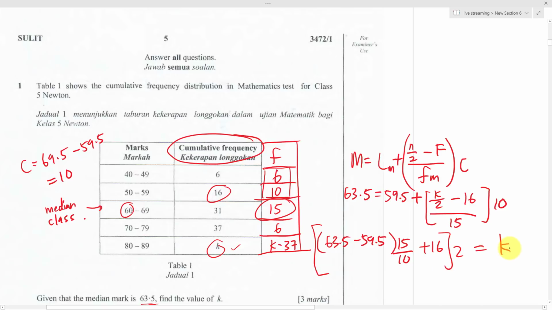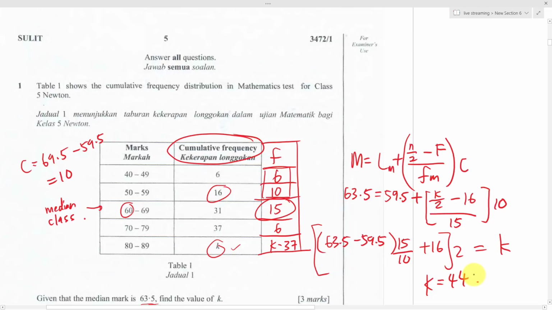I straight away move everything one by one until I get k, and I just type everything into the calculator: 4 multiplied by 1.5, plus 16, and then multiply by 2. So I guess k is just 44.